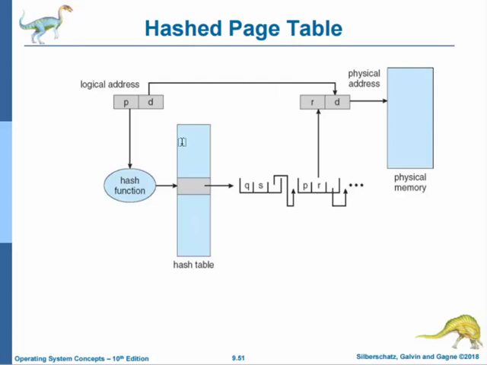But if there is no match, subsequent entries in the linked list are searched for a matching virtual page number. So basically, this algorithm is another approach to map the logical address coming from the CPU to its physical address. In our later topic, we will discuss the paging algorithm. For now we are just presenting the other approaches.